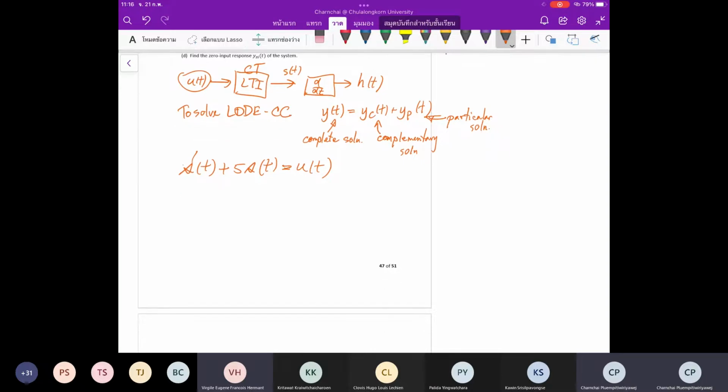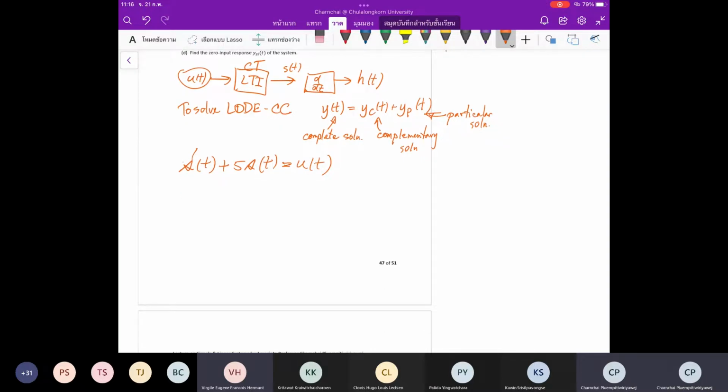How do we solve for this? Note that since u(t) is 0 for t less than 0, s(t) would also be 0 for t less than 0.